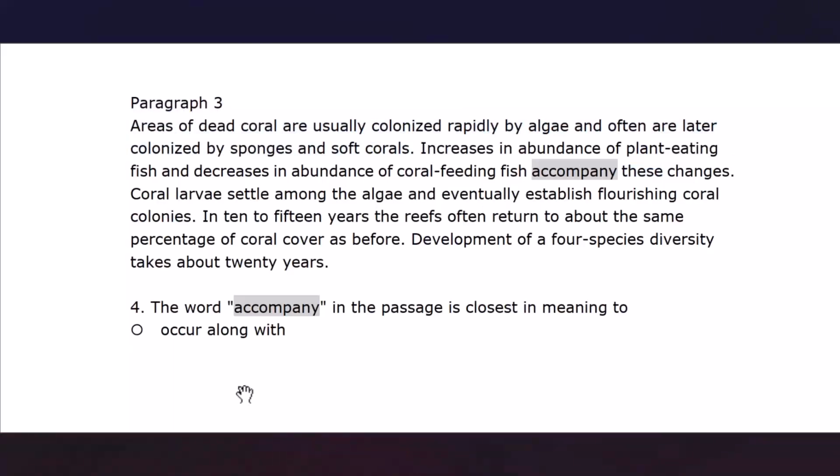Actually, the changes are areas of the coral being colonized by algae and later being colonized by sponges and soft corals. We may think of increases in abundance of plant-eating fish or decreases in abundance of coral-feeding fish as something that happens in a parallel way to the changes of colonization.